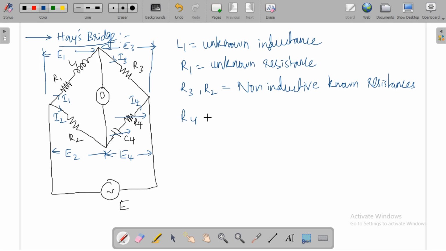R4 is a variable known resistance, a standard variable known resistance. C4 is a variable known capacitance.